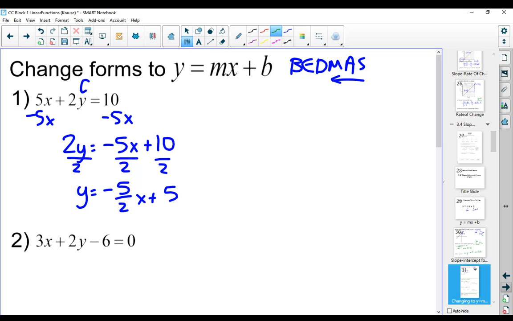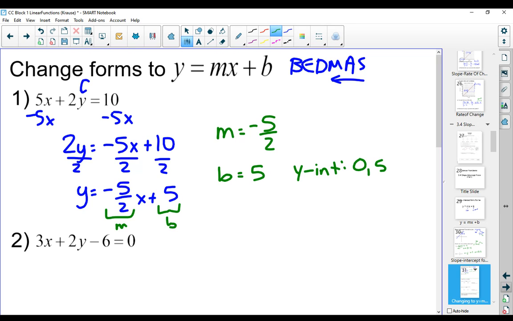Once my equation is in slope-intercept form, I can identify my m and my b. So m would be negative 5 over 2. Try to keep it as a fraction in lowest terms. My b is 5, meaning my y-intercept is (0, 5).